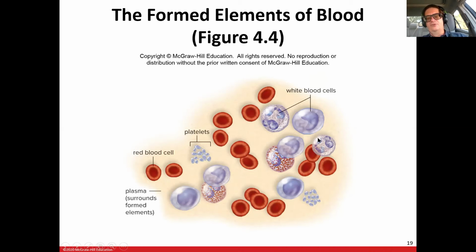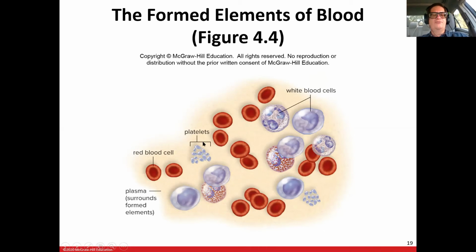I say it because of the super lumpy, weird nucleus. Here we might have a lymphocyte. I say that because it's got almost no cytoplasm and a huge nucleus. Anyway, we'll go over this later.